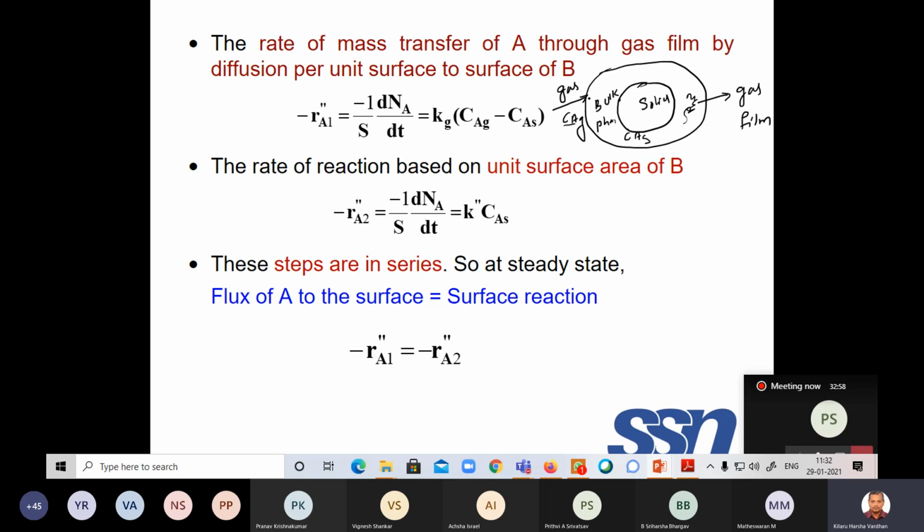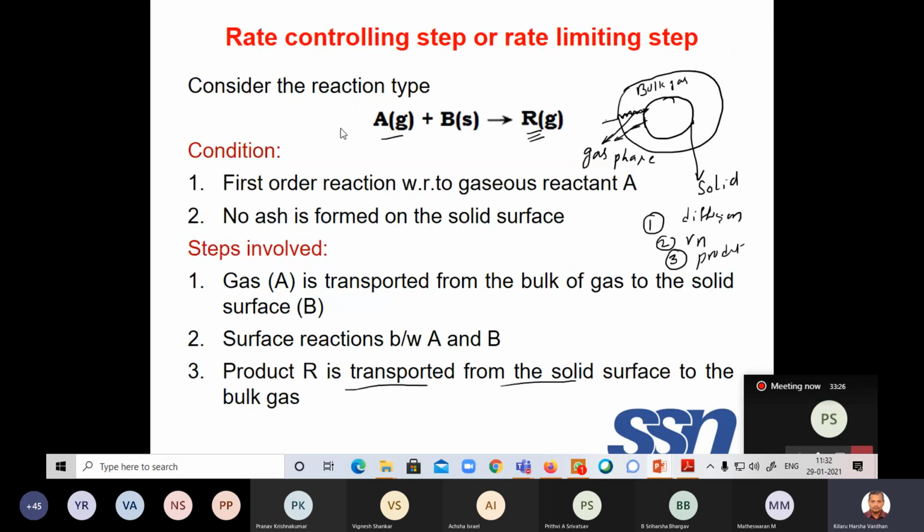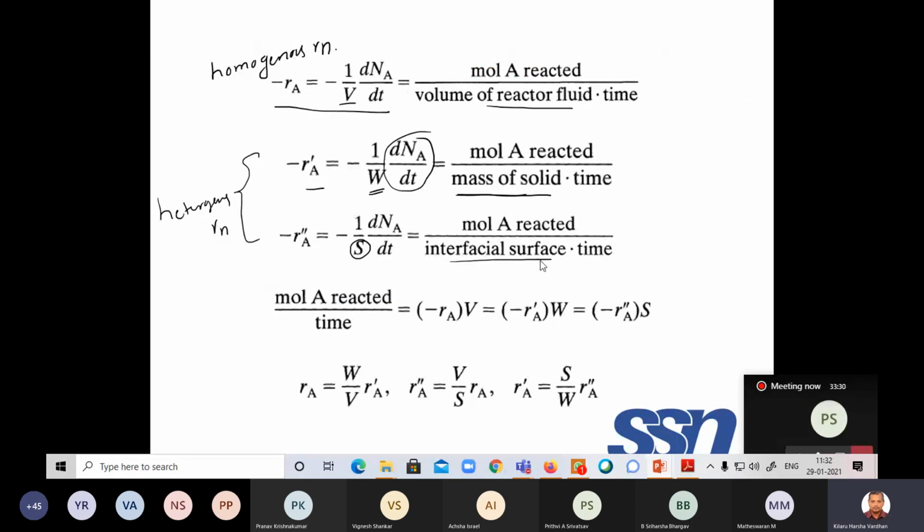So if you want to write the rate for the first step, that is the diffusion, the rate of mass transfer of A through the gas film by diffusion per unit surface of B is minus RA1 double dash. Double dash because you are writing for a unit surface area.